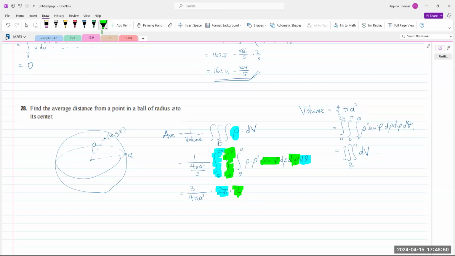Okay, you think a little bit. And then the inner integral with respect to rho will be 1/4 of rho to the 4th. So that's 1/4 a to the 4th.